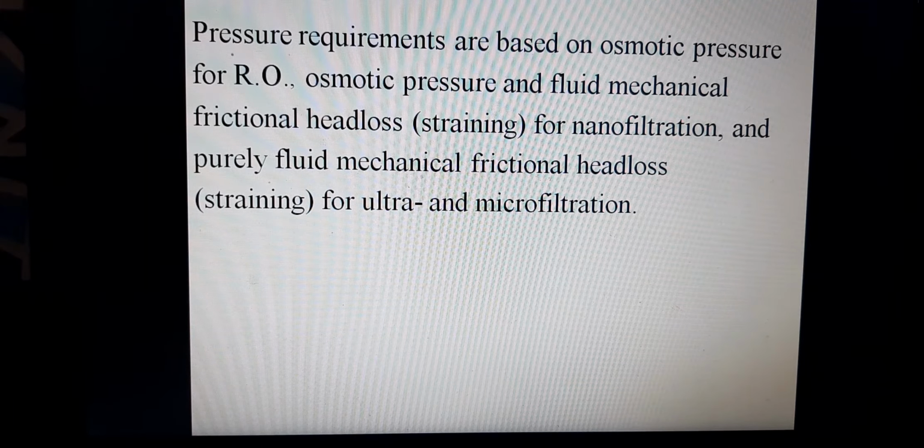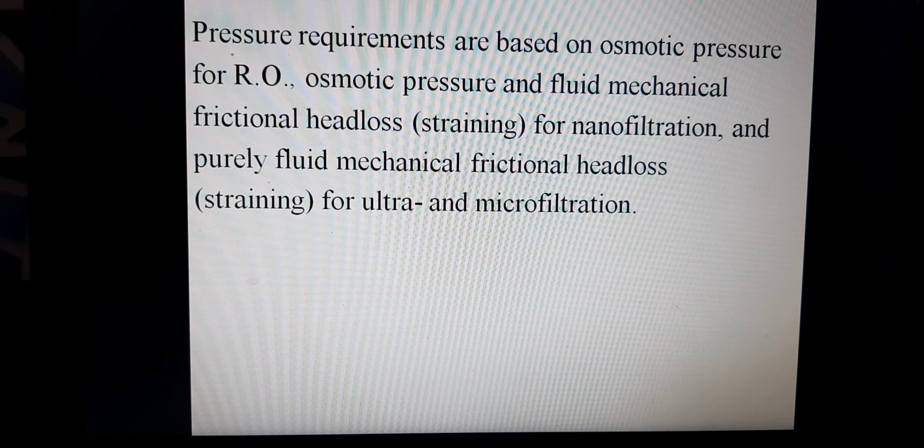The pressure required is based on the osmotic pressure for reverse osmosis. As we know, reverse osmosis is the opposite of the osmosis process. Osmotic pressure is applied reversibly, and that's why the unwanted things are removed in the inverse direction.